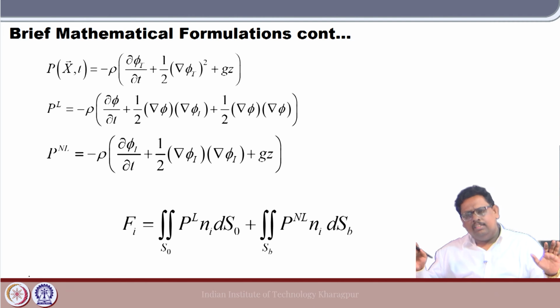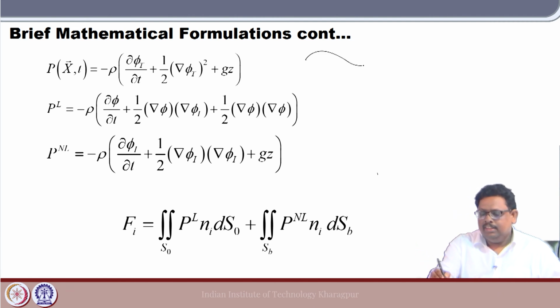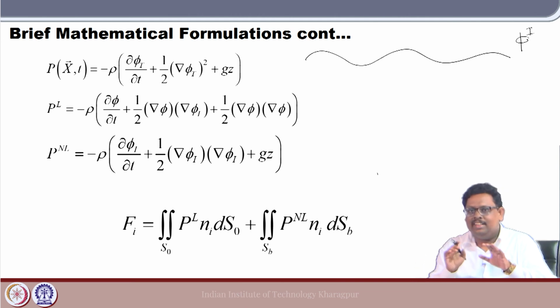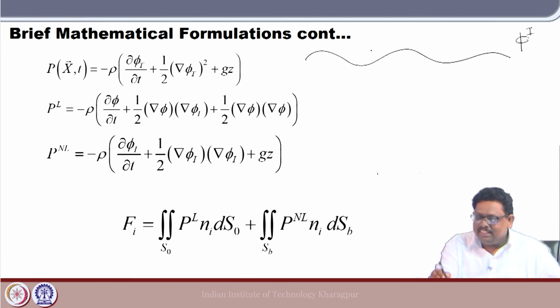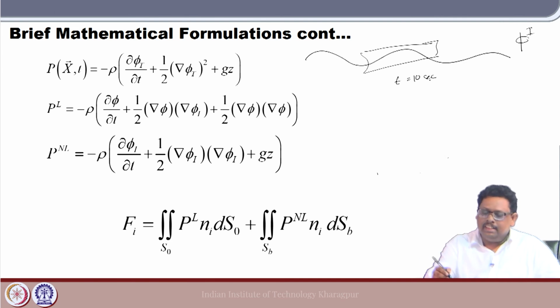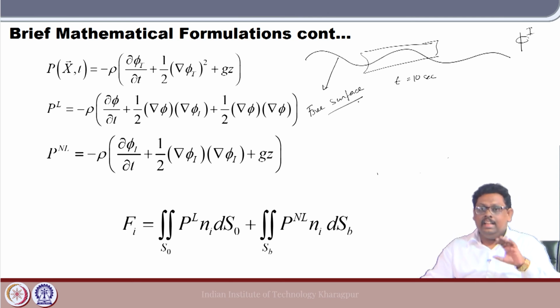Initially I know that there is only phi I. When there is not much interaction, everything comes under phi I. But after some time, when the ship started interacting with the wave, after let us say t equal to 10 seconds, then this free surface is no more with respect to phi I.